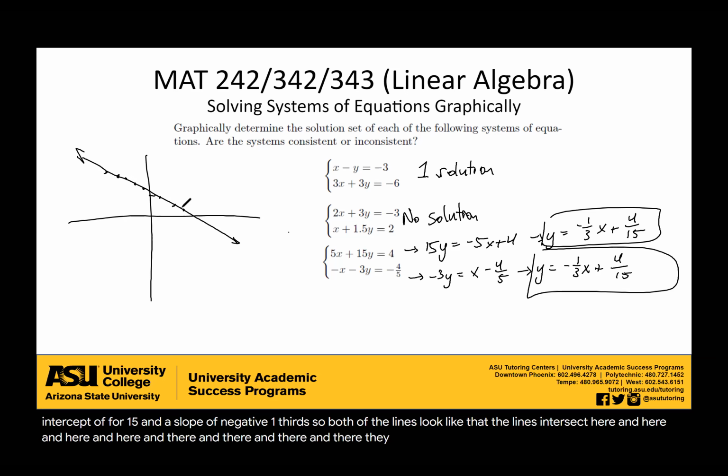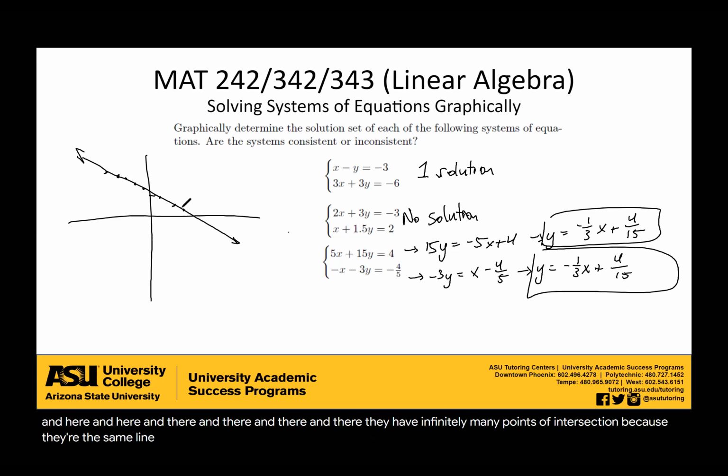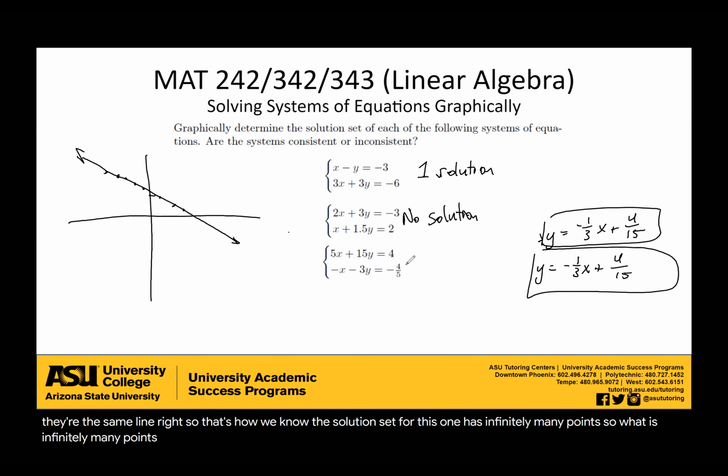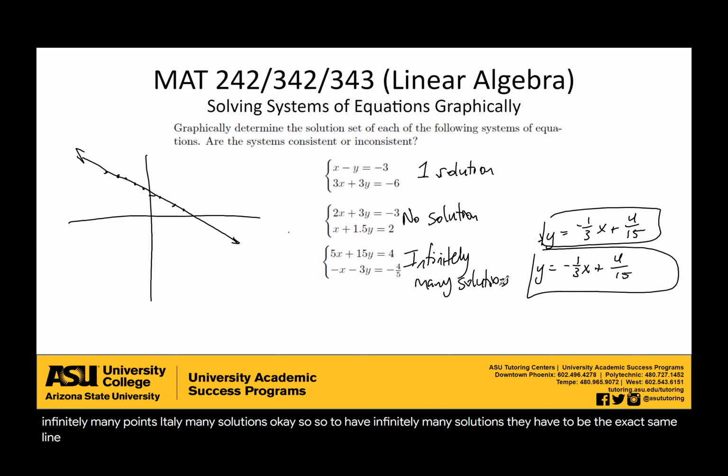They have infinitely many points of intersection because they're the same line, right? So that's how we know the solution set for this one has infinitely many points. Infinitely many solutions. Okay, so to have infinitely many solutions, they have to be the exact same line.